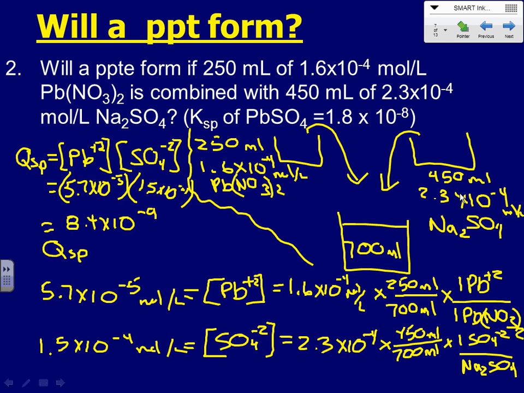8.4? What's 5.7 times 1.5? 8.55. So maybe we're just dealing with a rounding scenario. If we had kept an extra digit here, did you keep extra digits?